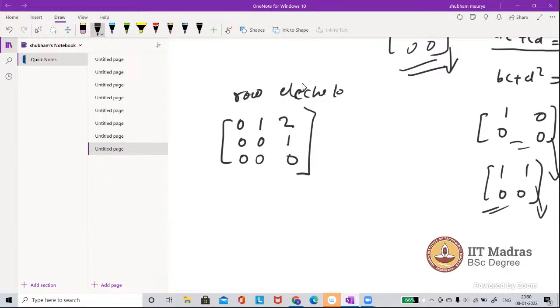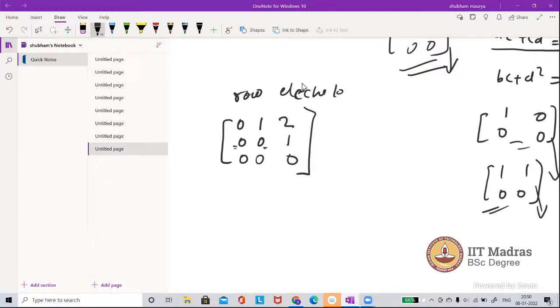It starts with the non-zero column. If the column is non-zero, then the first element should be 1. Here the first column is a 0 column, so there is no need of 1 in the first row. So we start with the second column. Is the first element of the second column 1? Yes, it is 1.